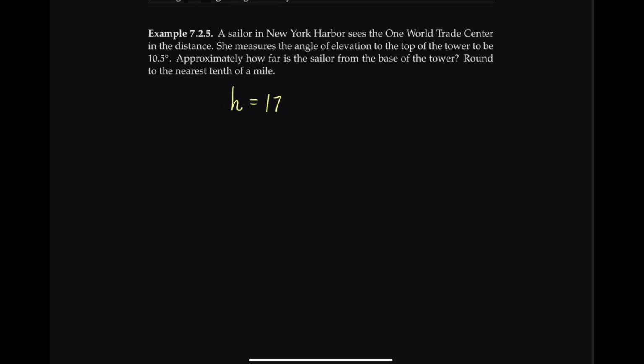It is 1776 feet, and that is symbolic of the year that the Declaration of Independence was signed. So we're going to use that information. The height of that tower is 1776.